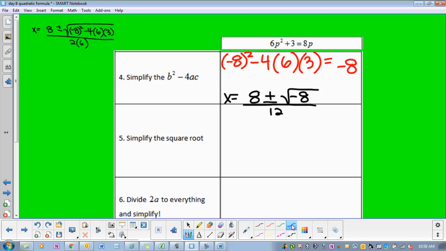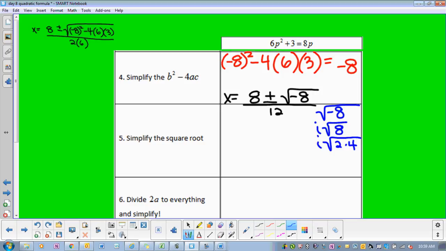So square root of negative 8, well then, guys, that means we're doing this thing. There's a negative inside the square root, so what comes out? An I. Alright, so I root 8. How do you break down 8? 4 and 2, thank you.